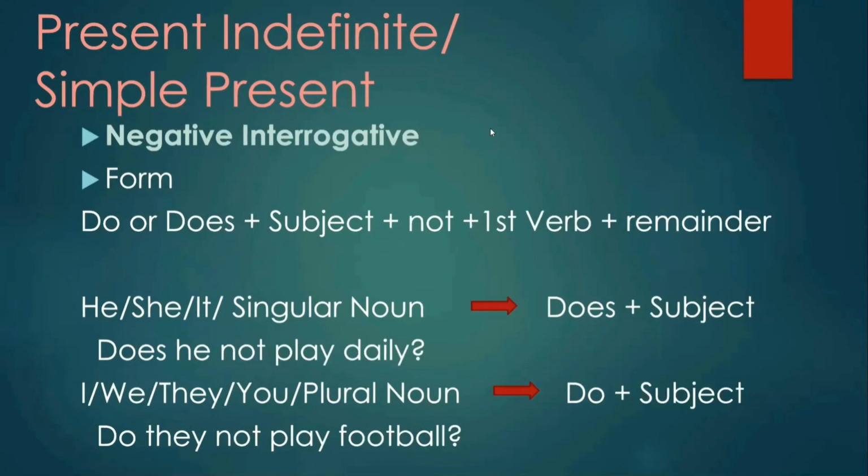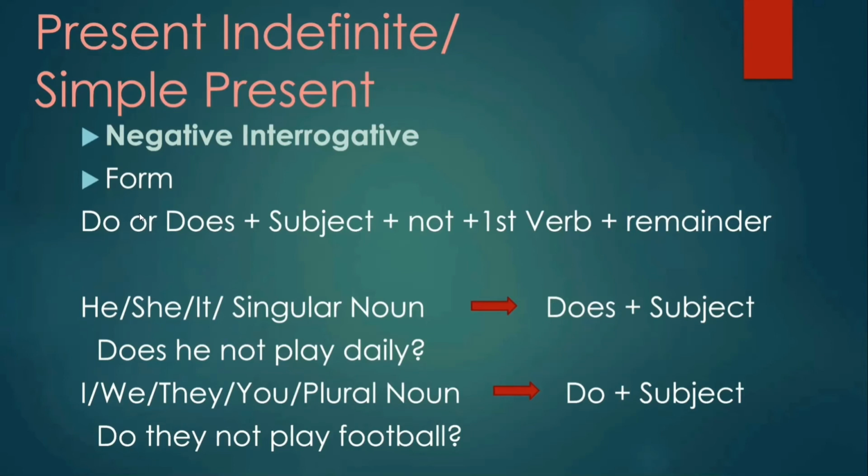Negative interrogative. These are those sentences that have denial as well as question. Form: do or does plus subject plus not plus first verb plus remainder. For he, she, it or singular noun, we use does plus subject. For example, does he not play daily?